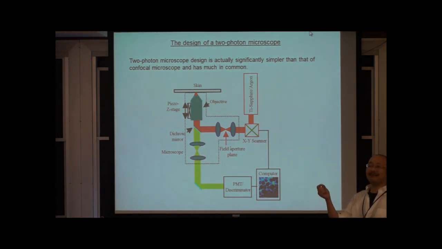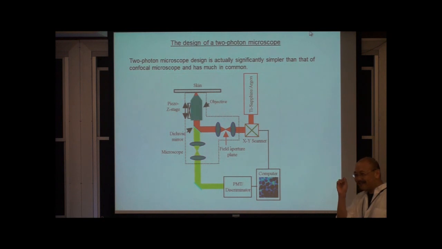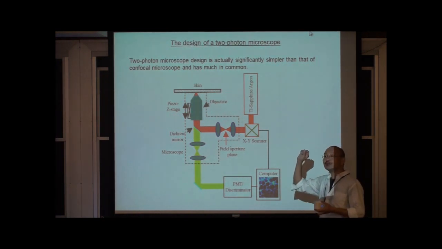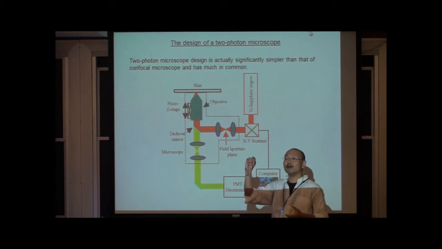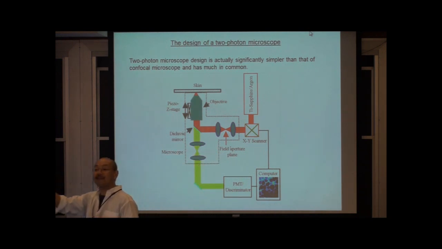Everyone knows what a femtosecond is. It's 10 to the minus 15 seconds. If you think a little bit about it, it's quite impressive. It's a very, very short time. And the reason you need that is you want all the photons not only concentrated in space by the objective, but also confined in time, so that you can have high photon flux for efficient nonlinear excitation.